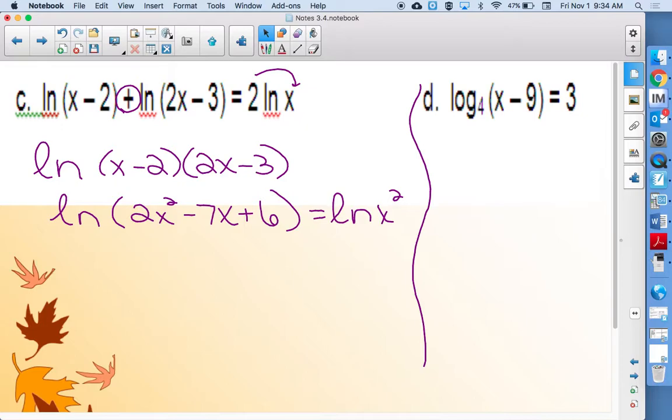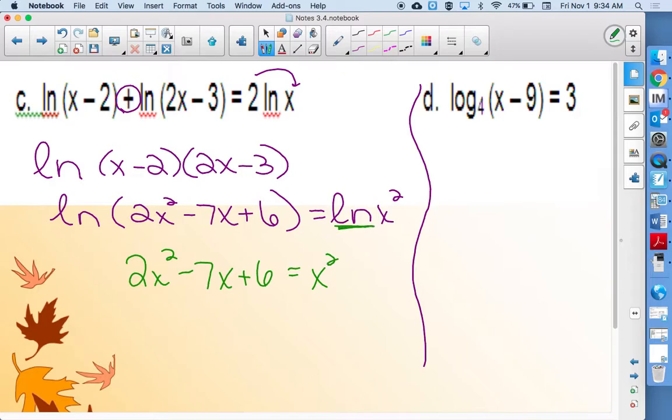Anybody know where you go from here? It was the 4th property. Garrett? Is that 2x squared minus 7x plus 6 going to be equal to x squared? Yeah.